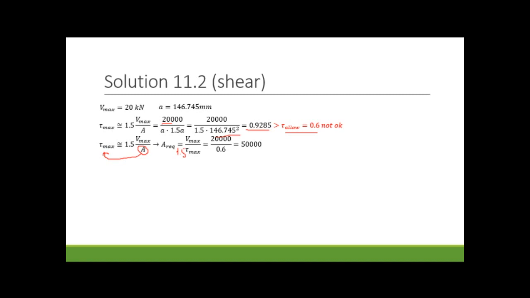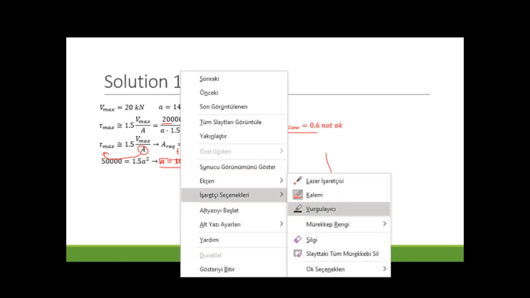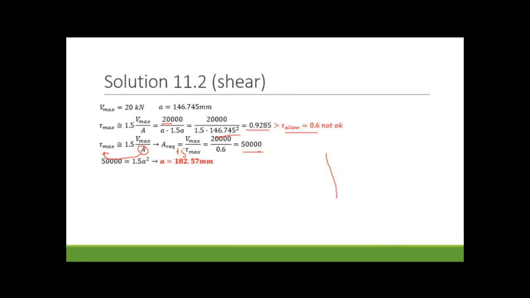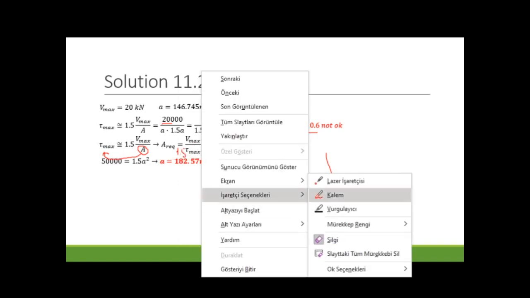If I put in 1.5, I obtain 50,000 for the area requirement. The area is A times 1.5A, so 1.5A squared is 50,000, and I find the requirement of A is, sorry, if I erase this it is much better.